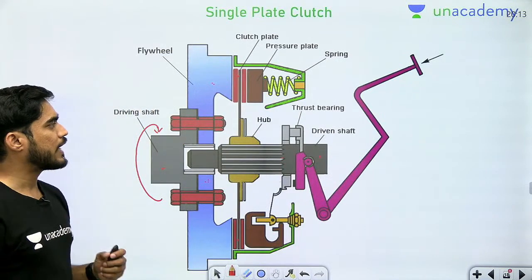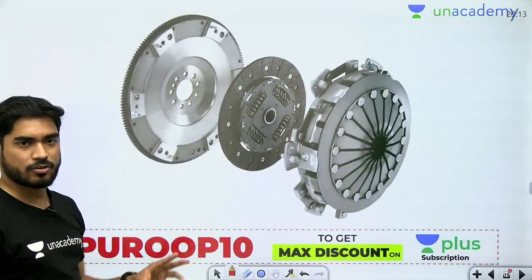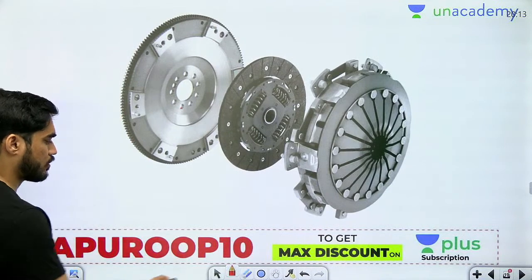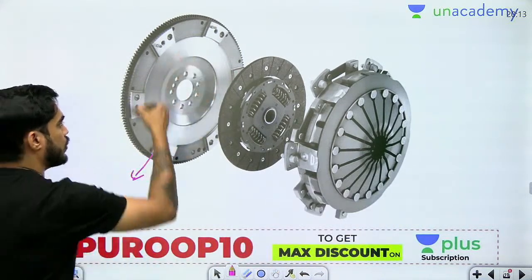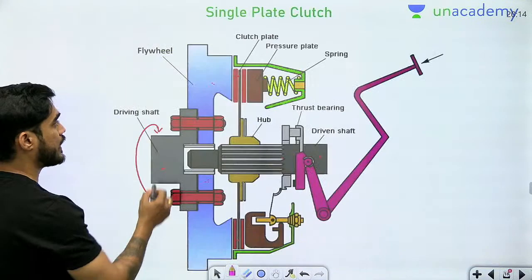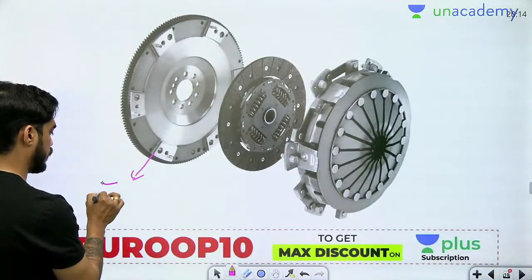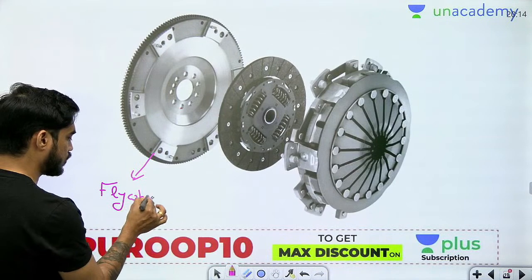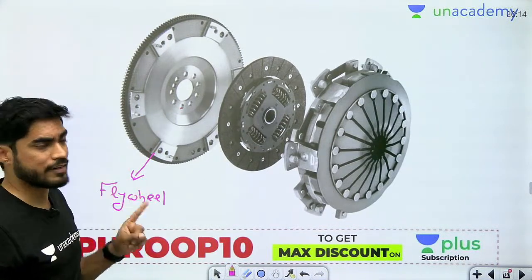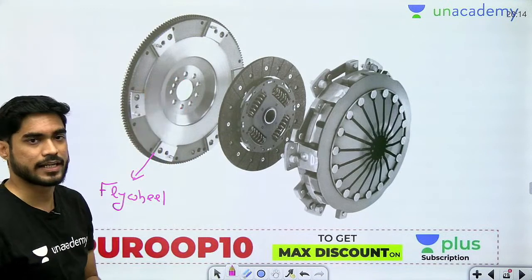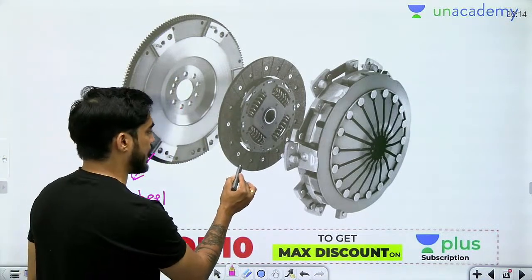Okay. Now in this image, you can see three major parts. What is this part? This blue color part is the flywheel, which is connected to the input shaft, the driving shaft. So this is continuously rotating. What is this second part?